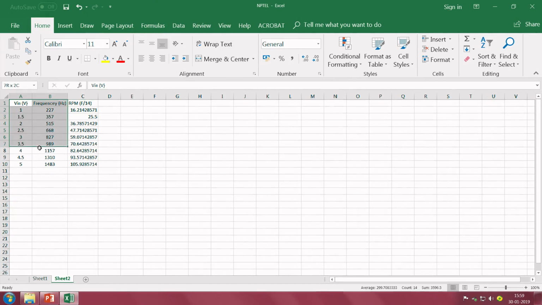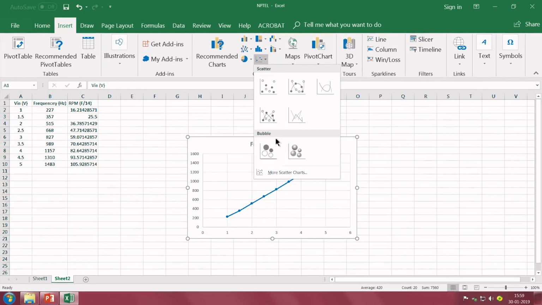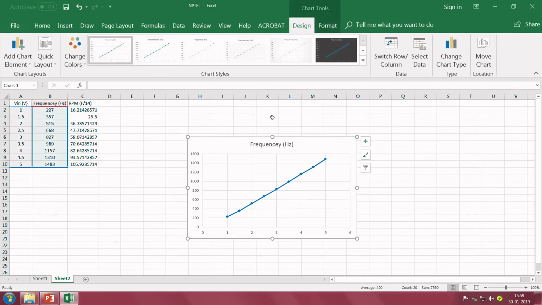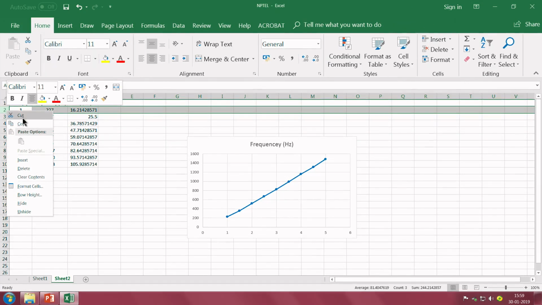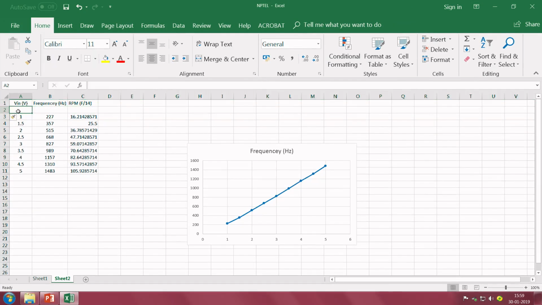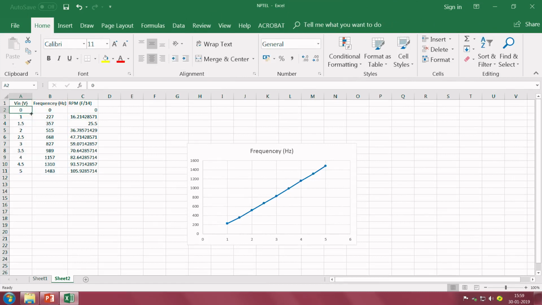So I will select these two, insert, this is one graph. One thing, for 0 it should be 0, so I will insert one more for 0 hertz and 0 RPM. Okay. Let me plot for everything.